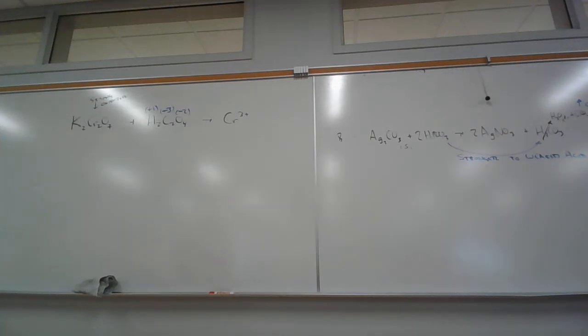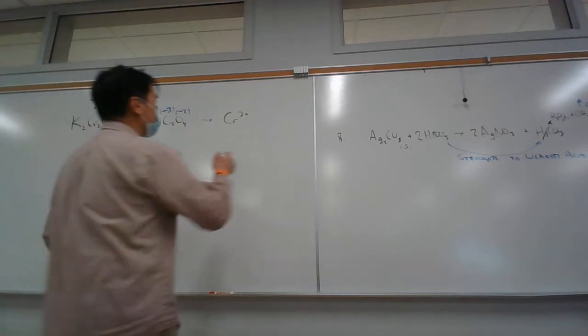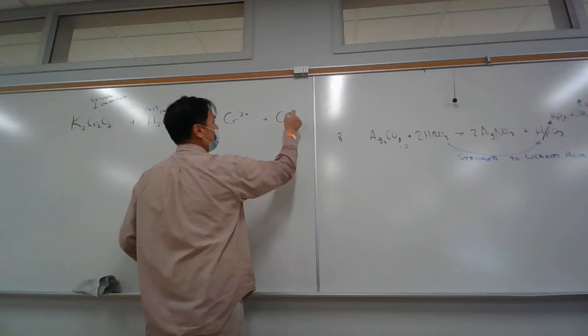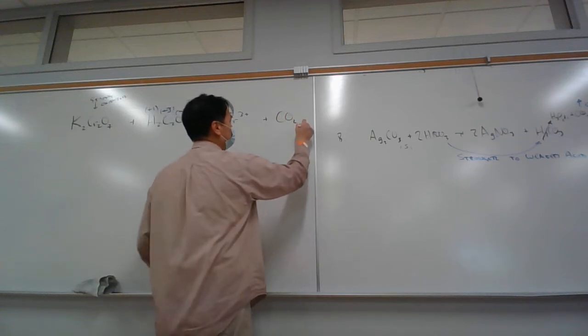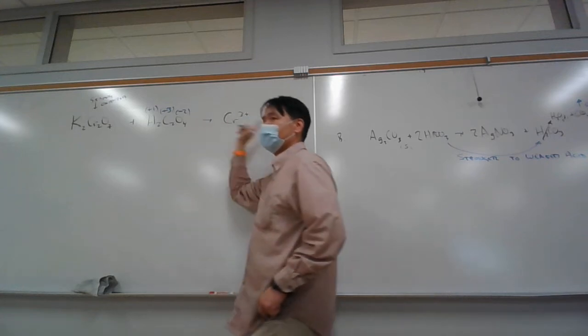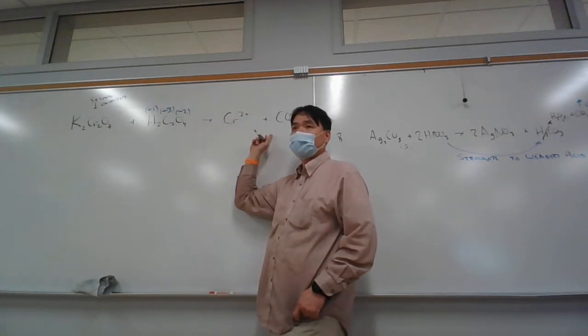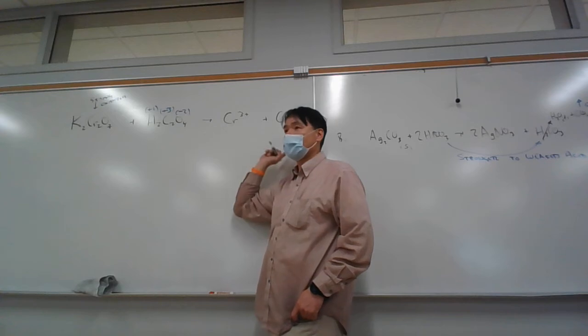And then what's going to happen to the oxalic acid? Oxalic acid is going to be oxidized from +3 to +4. So if we take carbon from +3 to +4, what has carbon in the +4? CO2. So we're going to maximize the oxidation of that to form CO2. Like this. So this is what we call complete oxidation of oxalic acid.